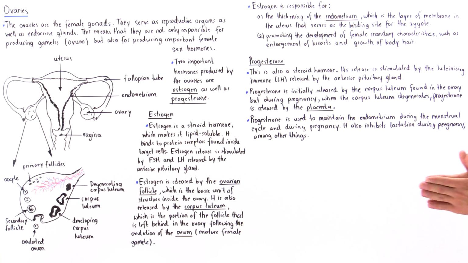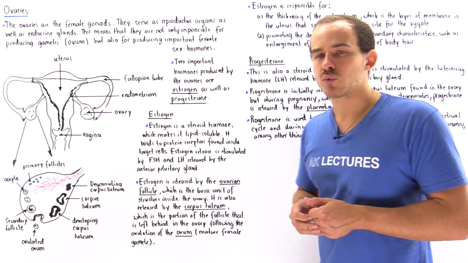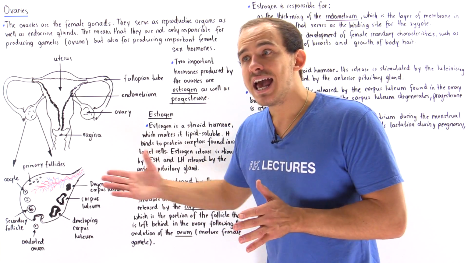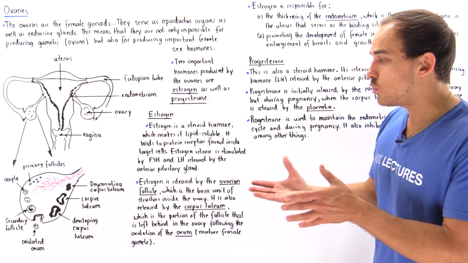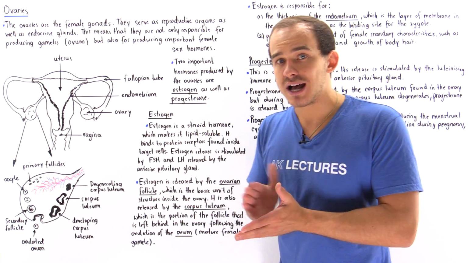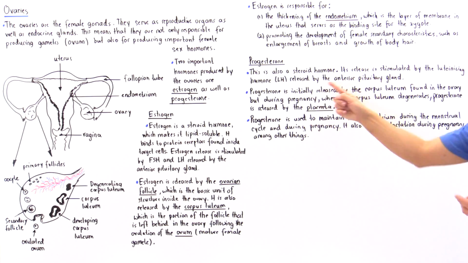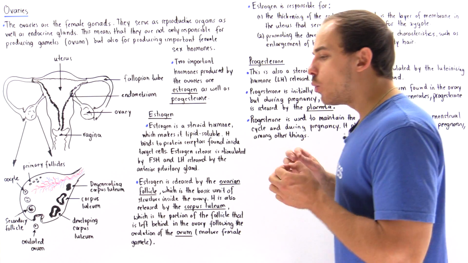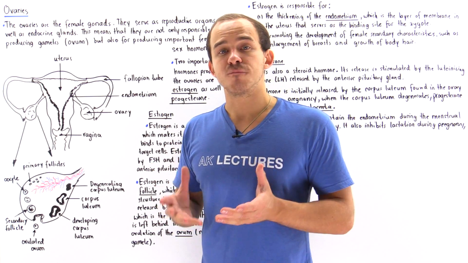So we have two structures that are capable of releasing progesterone. Initially, it's the corpus luteum, but eventually, when the corpus luteum degenerates during the process of pregnancy, it's the placenta that releases our progesterone. Now, what exactly is the function of progesterone?